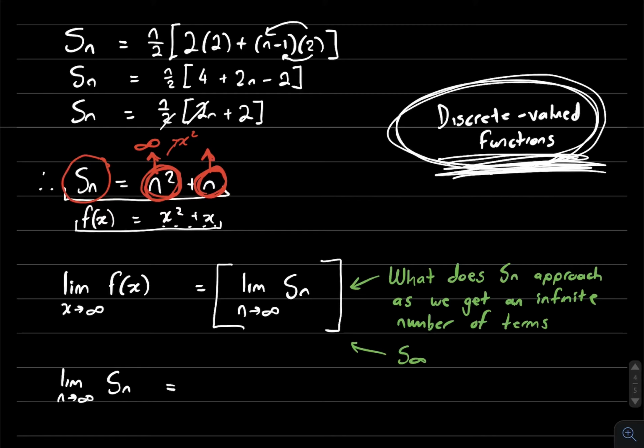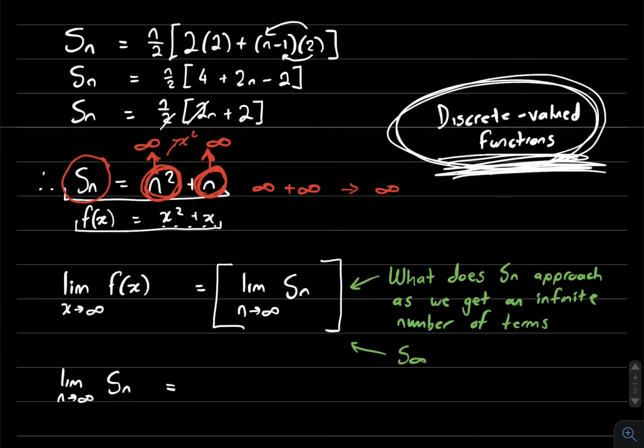And what does n approach as n approaches infinity? The answer is already in the statement. n is approaching infinity, right? So that also approaches infinity. So we just have infinity plus infinity, which is just infinity. It's not 2 times infinity, it's just infinity. When you add two infinities together, you just get another infinity.